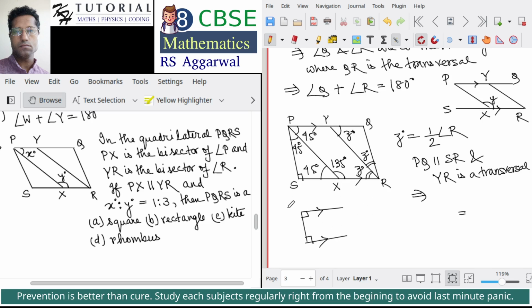Now from this information we cannot yet say that PQRS will be a rectangle, because PQ may not be equal to SR. We must find Z. Z has to be 45 degree. How do we find Z?